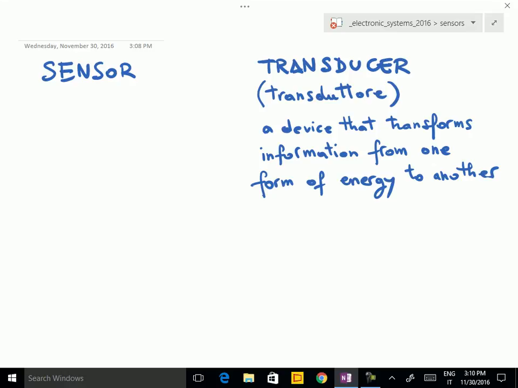So the sensor provides a signal in response to a stimulus, and the transducer transforms information from one form of energy to another.